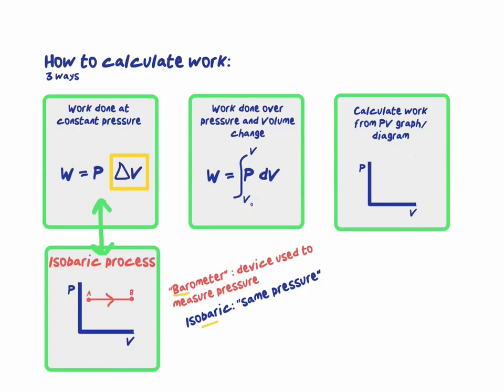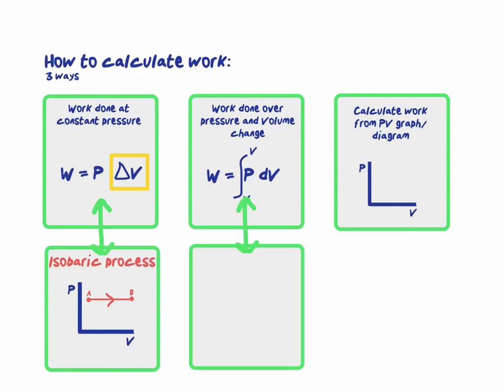The integral definition is one in which pressure is not constant. We've already sort of established this, so I'm not going to get into too much detail, but it would be something where any combination of points or a state change from A to B where we have some sort of curve to the line, or even some sort of linear line, which is just an approximation of the same state change.